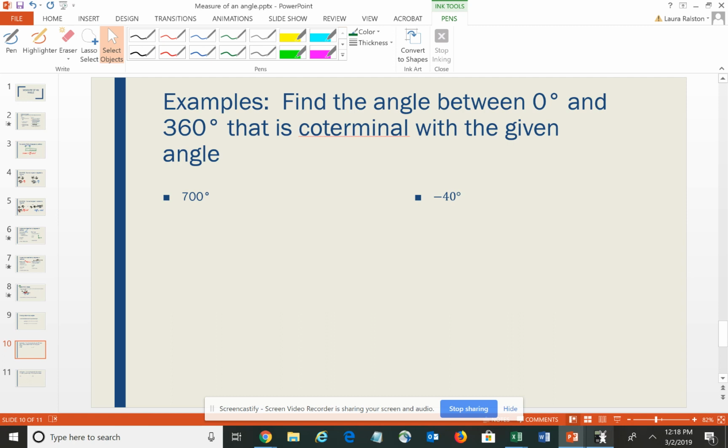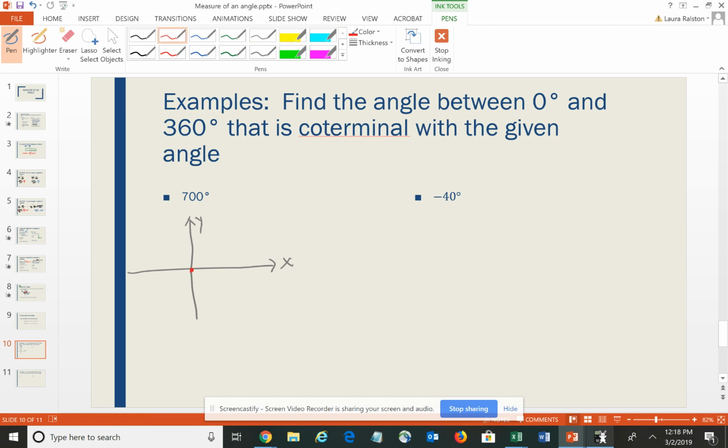So in this example, it says find an angle between 0 and 360 degrees that is coterminal with the given angle. And so the given angle is 700 degrees, which is obviously greater than 360. But you may want to get yourself a picture of what's going on here. So 700 degrees, let's think about it.